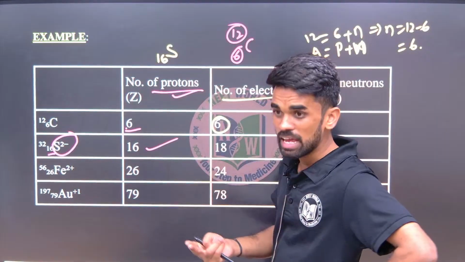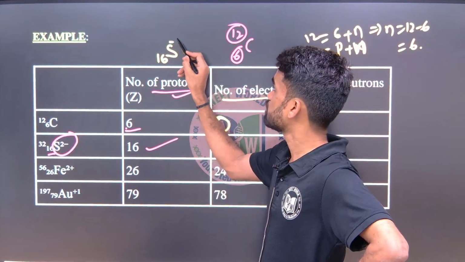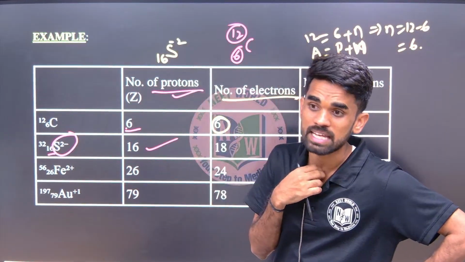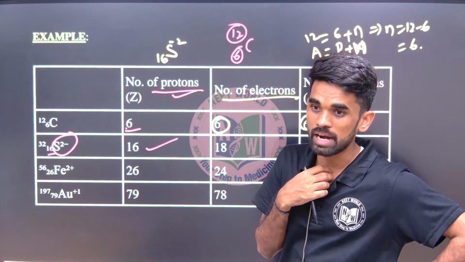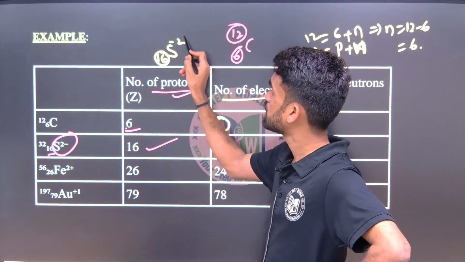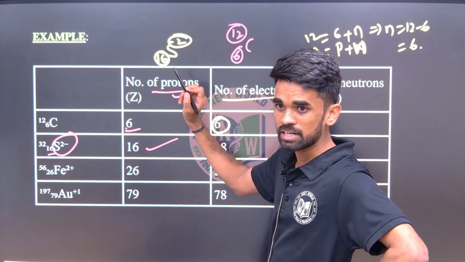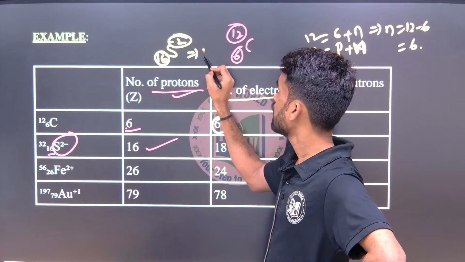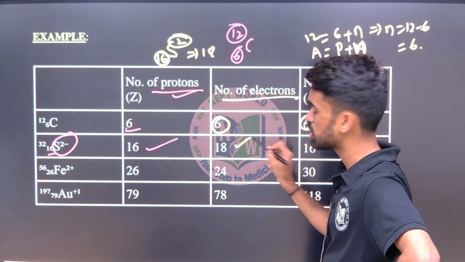But when it is in ionic form, for example here it is minus 2, it means electrons are added or removed? Added. How many added? 2. So 16 electrons will already be there, plus 2 electrons added. So total how many? 18. That's why I have mentioned 18 electrons here.